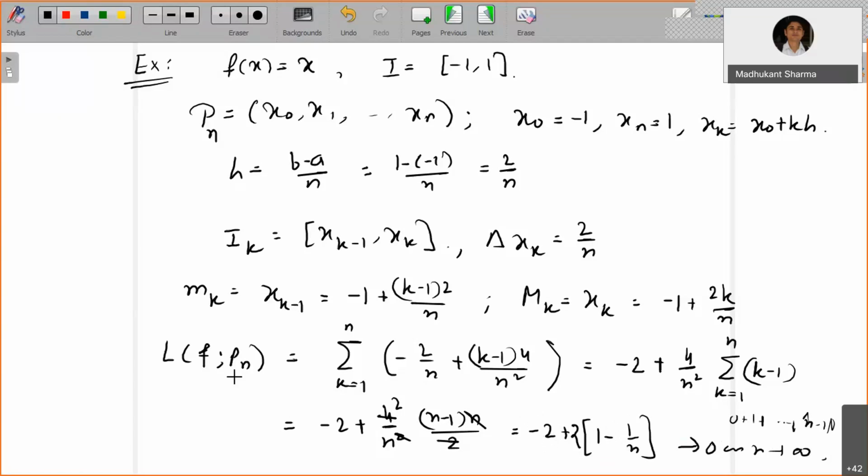Similarly, instead of k minus 1, you are going to have k here, everything will remain the same, and you can show that U of f, P_n also tends to 0 as n tends to infinity. So the limit of U of f, P_n minus L of f, P_n will also tend to 0 as n tends to infinity. So by the sequential criterion, you can claim that the function is Riemann integrable.